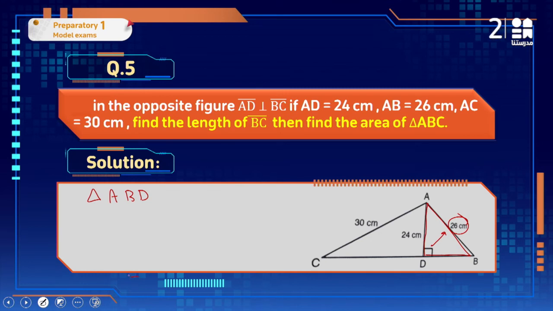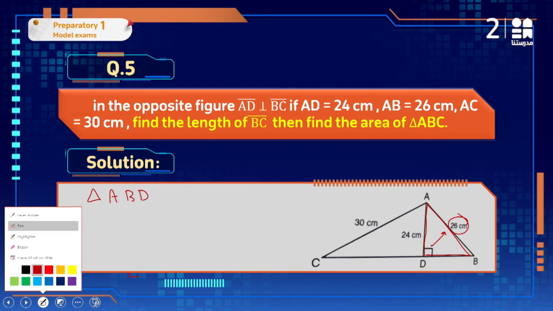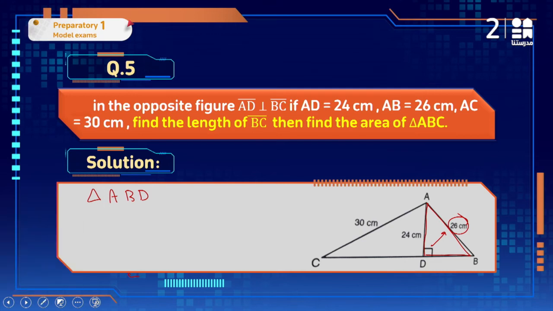26 squared minus the other side, which is 24 squared, equals BD squared.